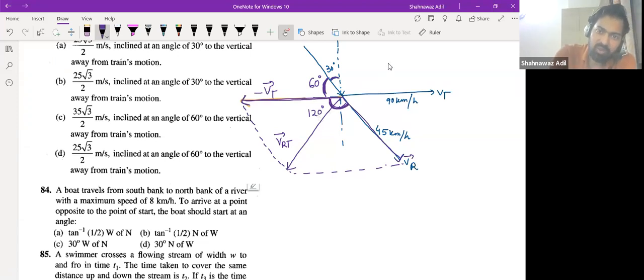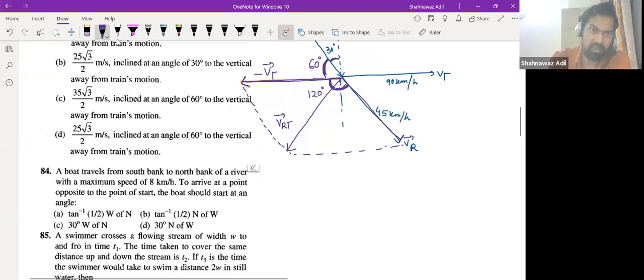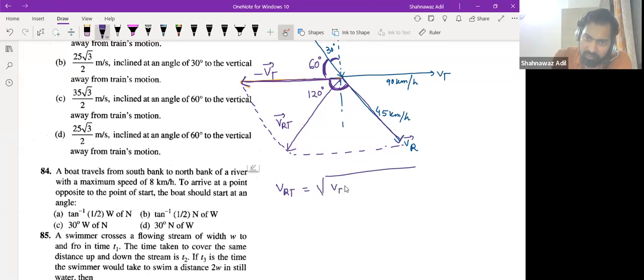So then we have to find out the resultant. Now what is the resultant? So VRT resultant would be the square root of VR square plus VT square plus 2 VR VT cos of 120. Correct? Yes, sir.